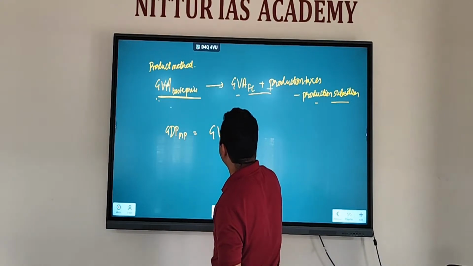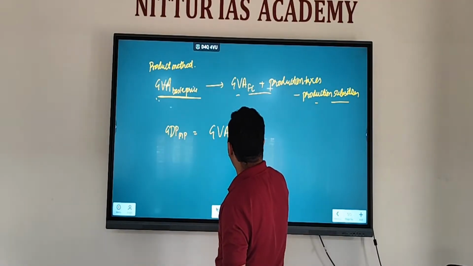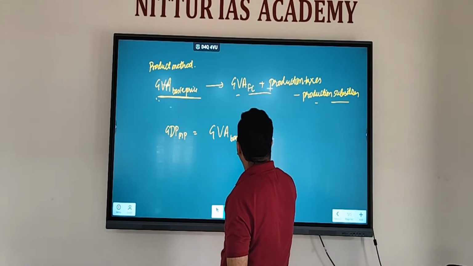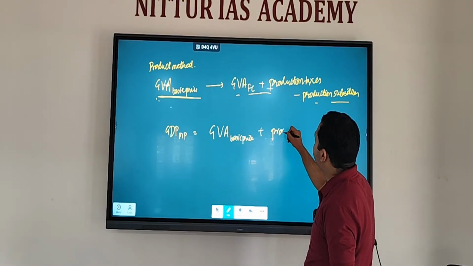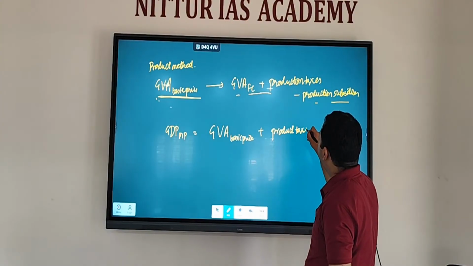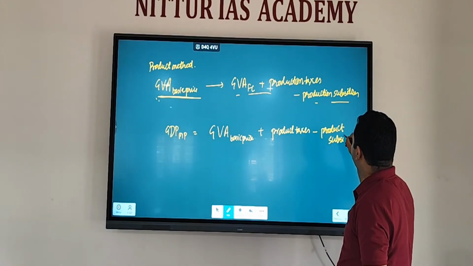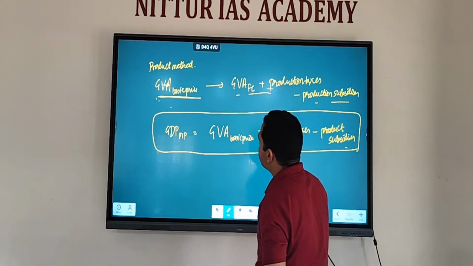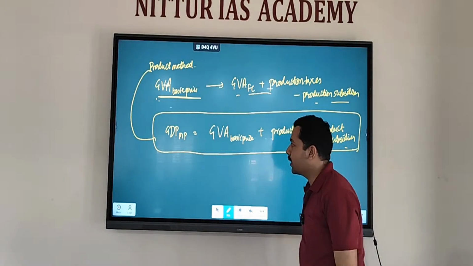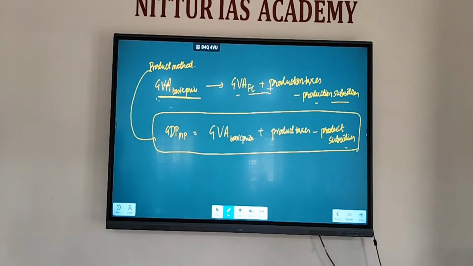GDP at market price is calculated as GVA at basic price plus product taxes minus product subsidies. So this is how we are calculating GDP through the product method. GDP at market price is GVA at basic price plus product taxes minus product subsidies.